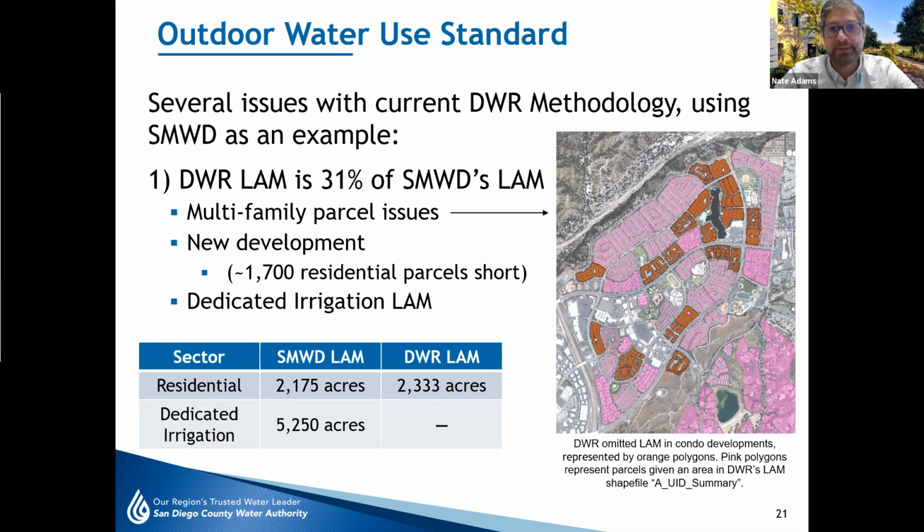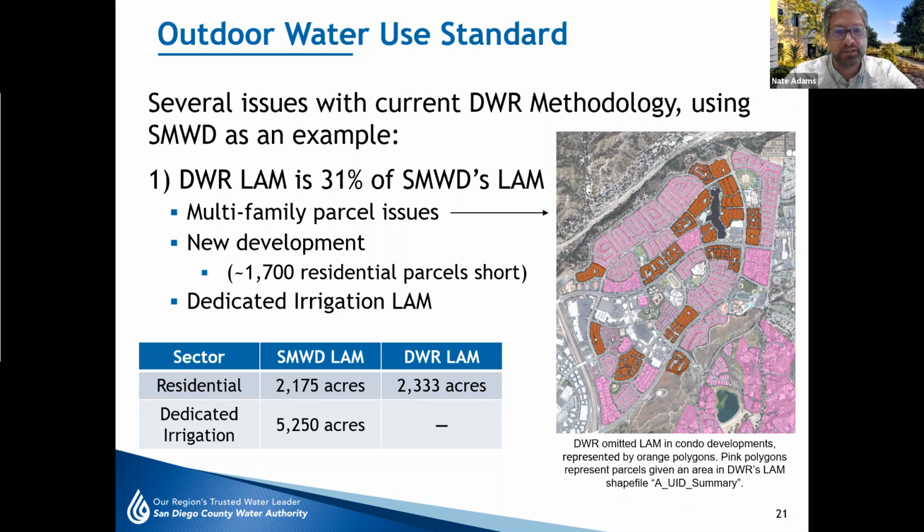The individual condos and townhomes have unique APNs, however DWR took the master APN, which does not have a land use code. Hence, it was coded as void, and so there was no landscape area measurement to do on that. So that's a known issue. DWR is aware of it, but I wanted to flag it for the San Diego County agencies, particularly master planned communities. I think this might be a big issue for you as well.